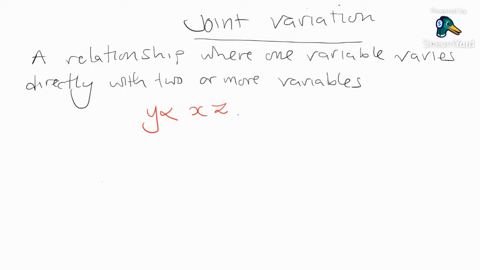So they vary directly, like the way it is here. When we say y varies jointly as x and z, it means y is equal to x times z, but of course there's always a constant of variation. So y equals k x z. This is the formula for the joint variation.